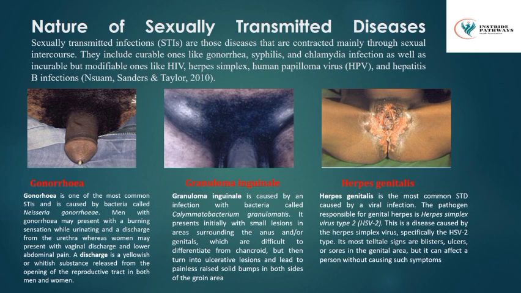It presents initially as small bumps within the area surrounding the anus and the genitals, which then turn into painless raised solid bumps on both sides of the groin area, as you can see there.